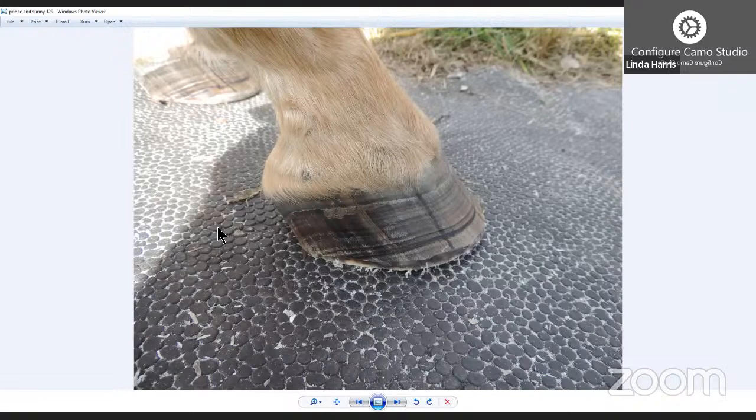So you see how this is similar to what you've got going on there? Except this horse's hoof capsule didn't get it for the same reason that you got. He got it because he went way too long without a trim, and his toes got really, really long. It's mechanical founder.